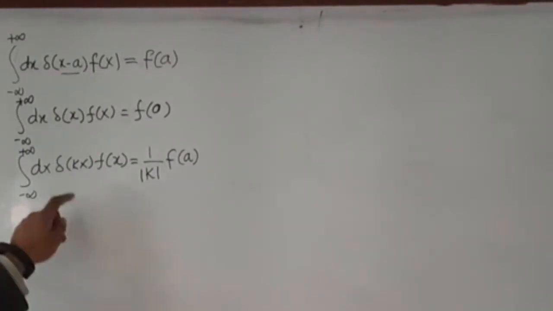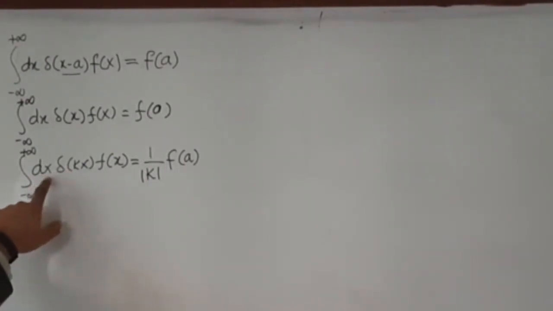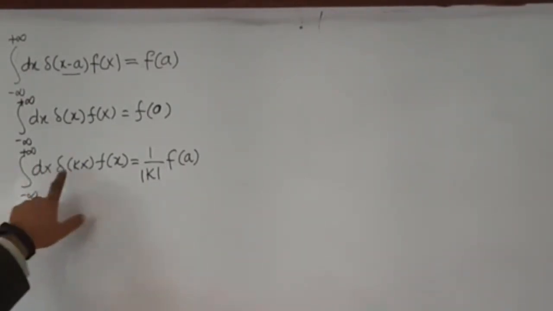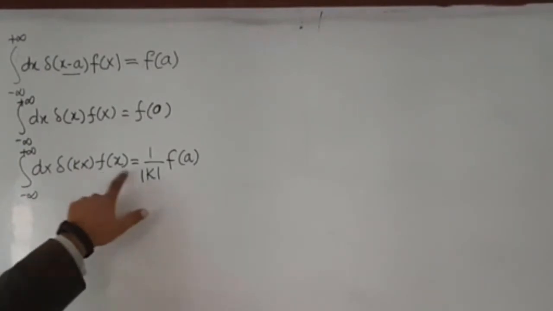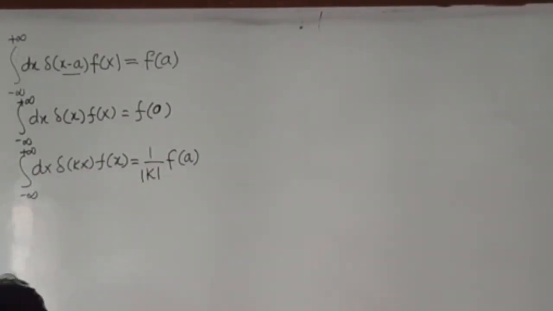Because if you suppose kx equal to some other variable, then you apply the derivative and 1 over absolute k comes in.